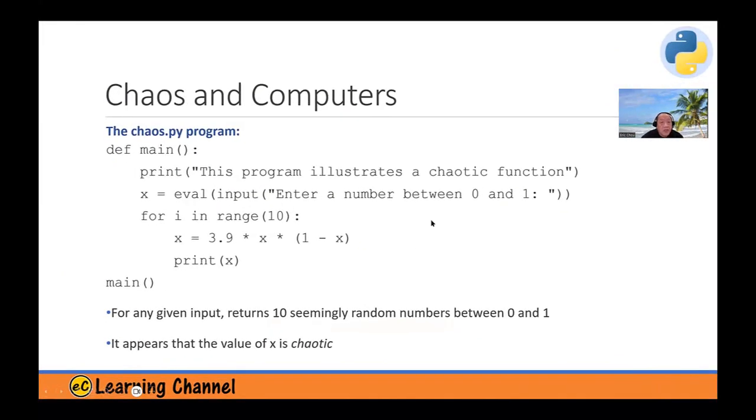You do see this chaos function. So why here do you use this chaos? 3.9 times x times 1 minus x. Why is this function like that? Why can this function generate numbers from 0 to 1?